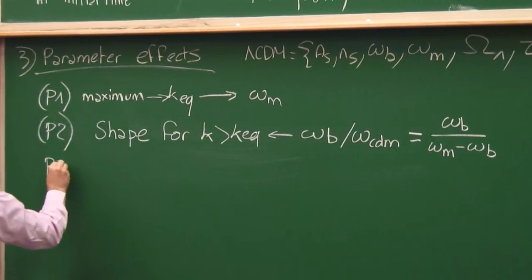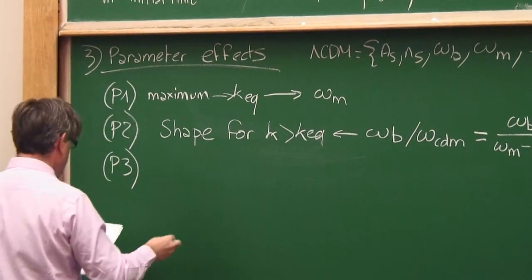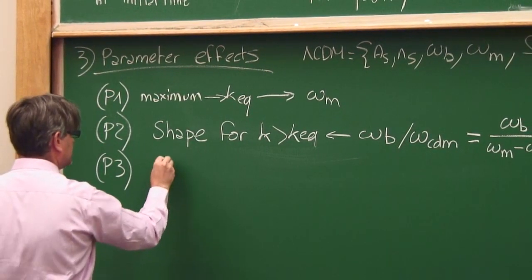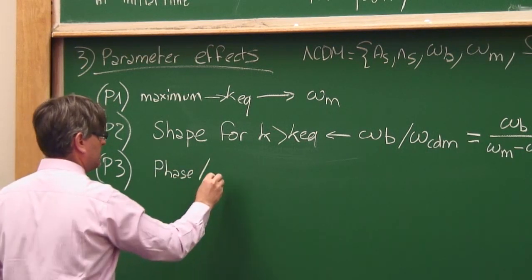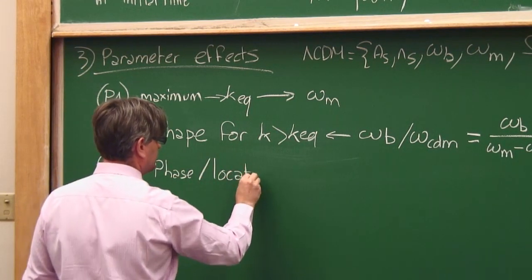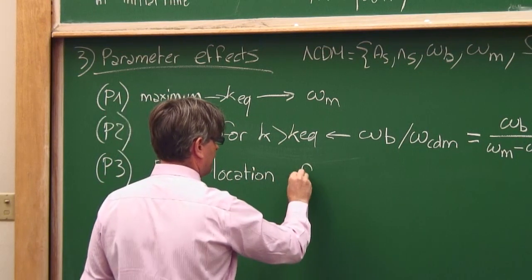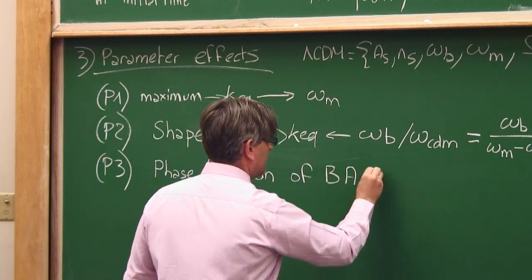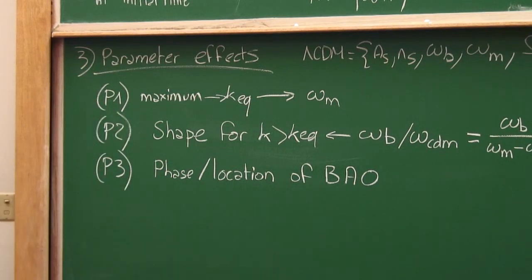P3 is the phase, or if you want, the location, the characteristic wave number of the baryon acoustic oscillations. Since the baryon acoustic oscillation comes from the same phenomenon as the oscillation in the CMB, I repeat that in real space you would see only one feature, and these multiple peaks in Fourier space are regularly spaced because they are the harmonics of the single feature in real space.